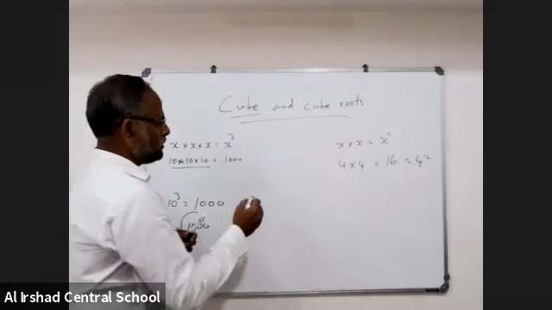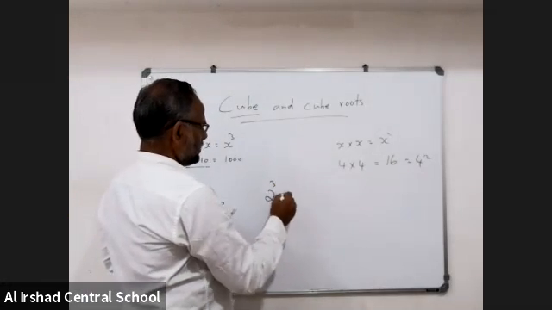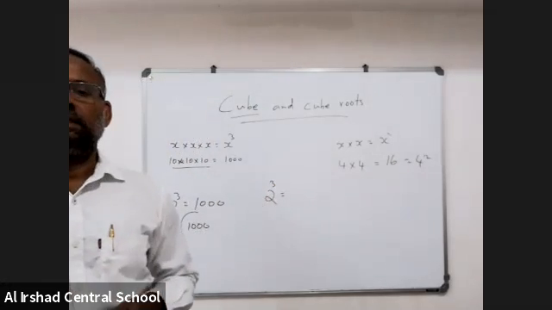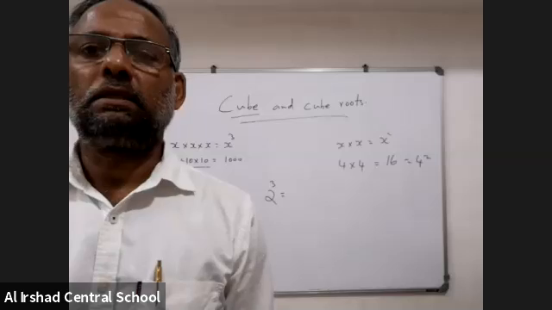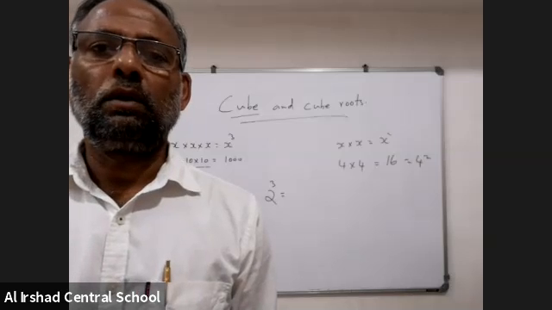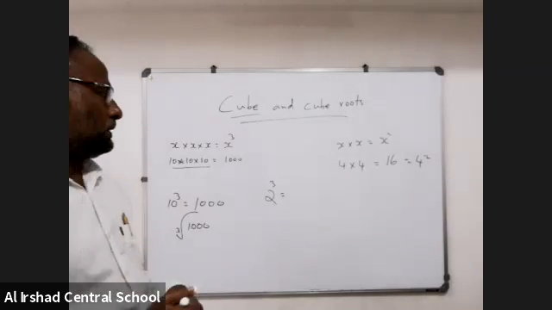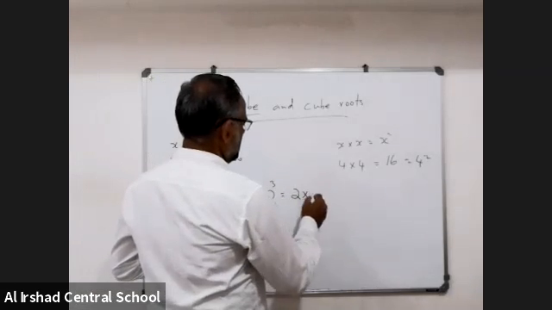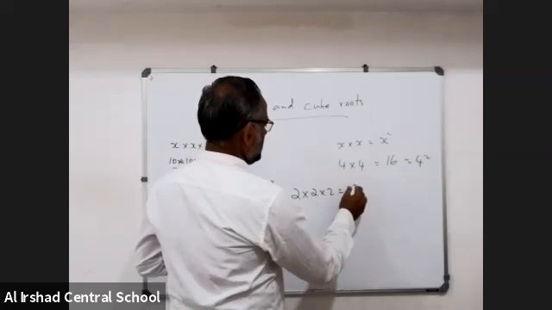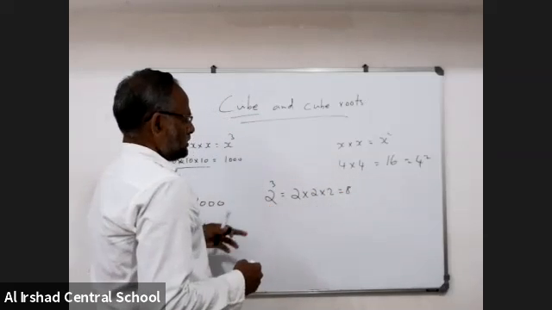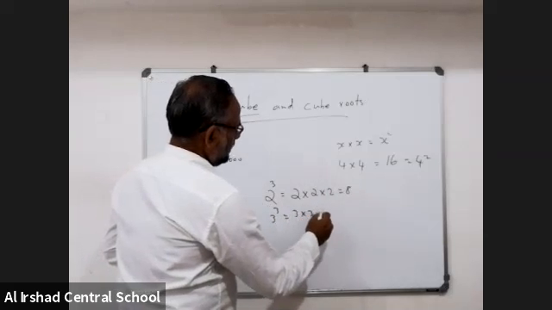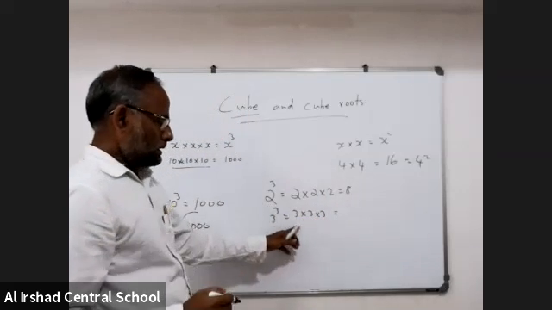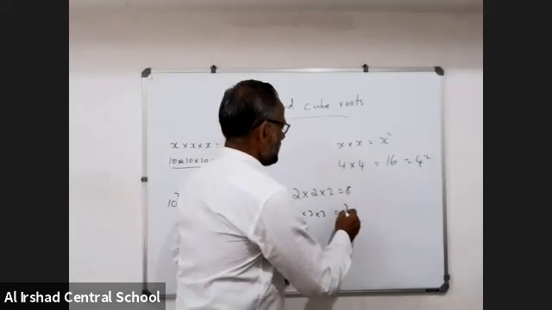So cube of 2. Tell me what is 2 cube. The children think and tell me what is 2 cube. 2 into 2 into 2, that is 8. That is 2 cube. Now 3 cube. 3 into 3 into 3. 3 3s are 9, 9 3s are 27.